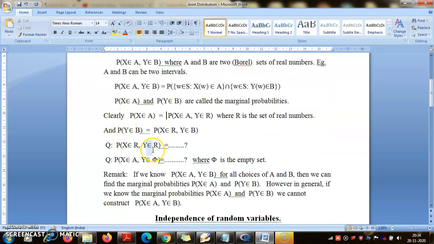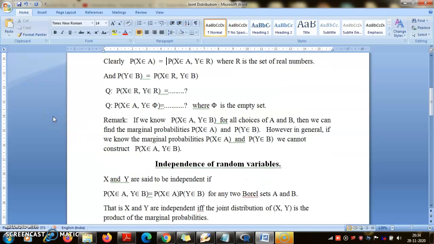You take any ω in S, then X(ω) is a real number, Y(ω) is a real number. So what does this event actually represent? And second, if I take two sets A and φ, what is the intersection of A and φ? That is the hint.